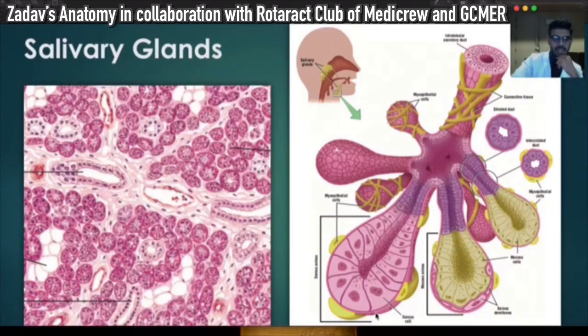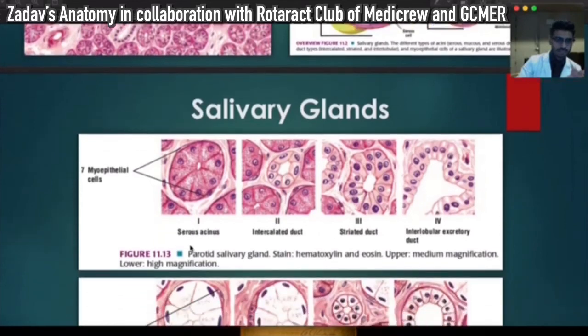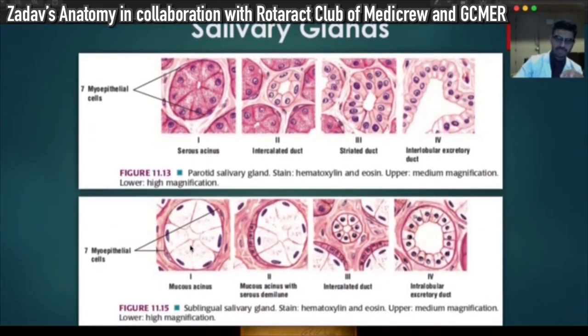Okay, now once you understand what exactly is happening, let's move on to the differences in high power between a serous and a mucinous acinus. Very commonly asked question. Right now, this is parotid salivary gland. You can see all these dark granules. They're on the apical side. Look at how the shape is. Okay, it's pyramidal in shape.